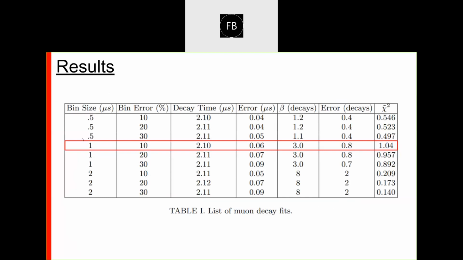Clearly, these are our results, right? So these are bin sizes, bin errors. We have our 9 possible permutations, and our best permutation is right here with bin size of 1 microsecond, 10% bin width error. Our decay time was 2.10 plus or minus 0.06 microseconds.